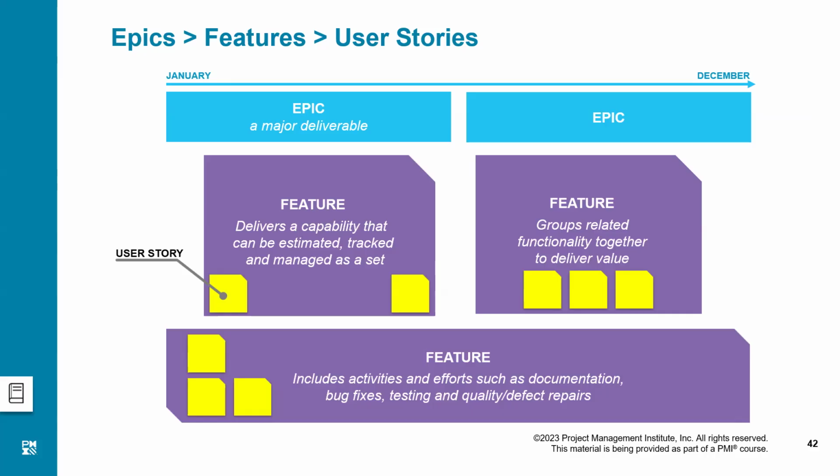So each feature may have one or more than one user stories in it. As far as the minor deliverable or epics are concerned, epics are the long stories told by the customer who is unable to define things to that level of detail which we thought.